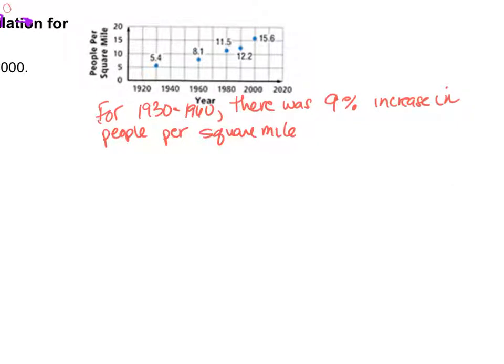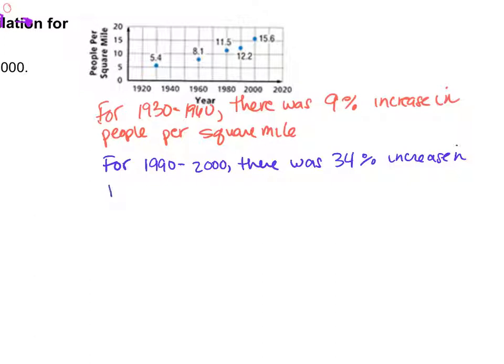And then with the other rate of change between 1990 to 2000, there was a 34% increase in people per square mile.